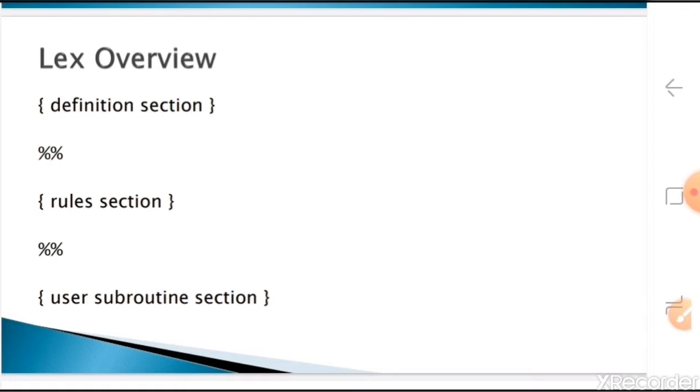In the user subroutine section we write any function or the main program. The main program calls the yylex function. Whatever rules we write in the rule section, the regular expressions and actions, are converted into C code.